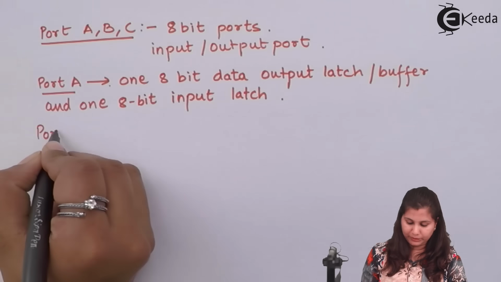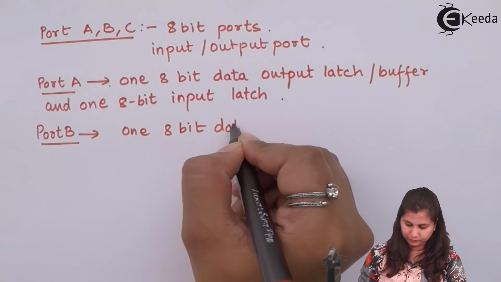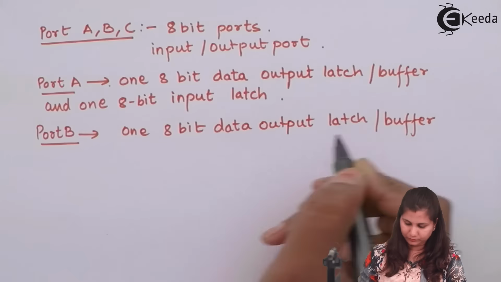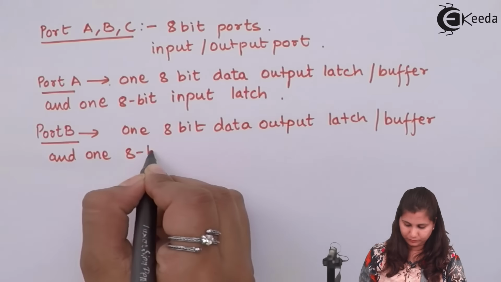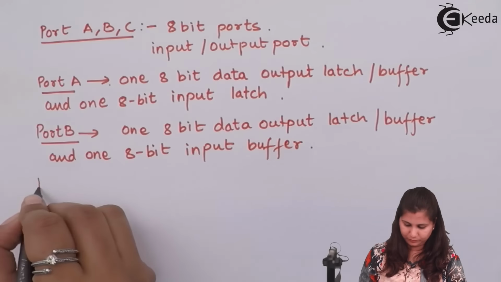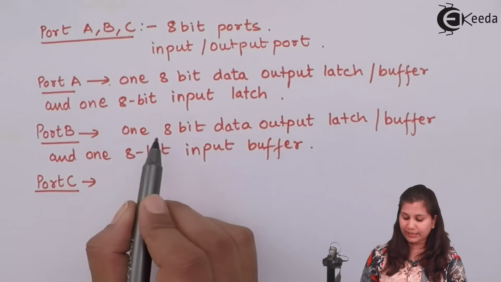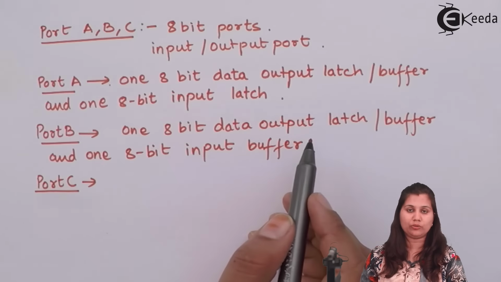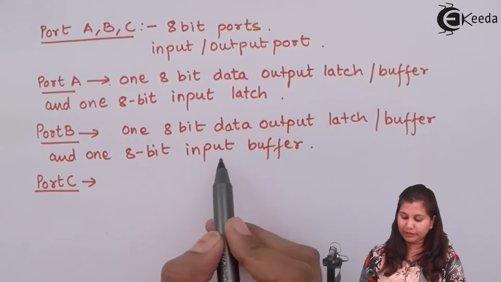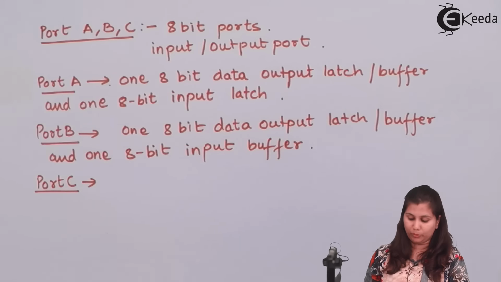Then we have port B. Port B also has one 8-bit data output latch, which will be used when the port acts as an output port, and one 8-bit input buffer, which will be active when the port acts as an input port.